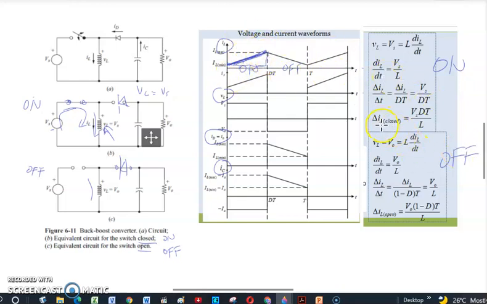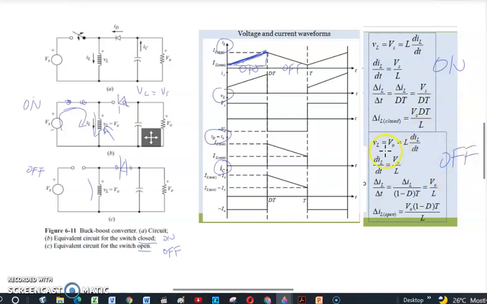We can see that during the on period, the delta IL that passes through our inductor is equal to V source times duty cycle times the period divided by L.